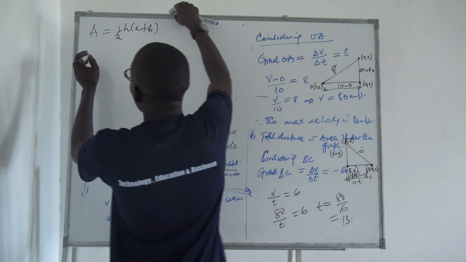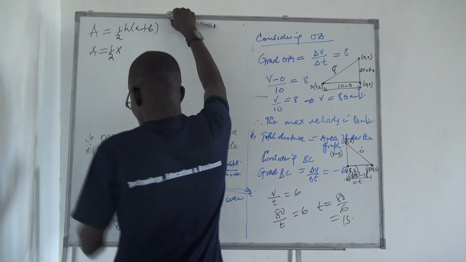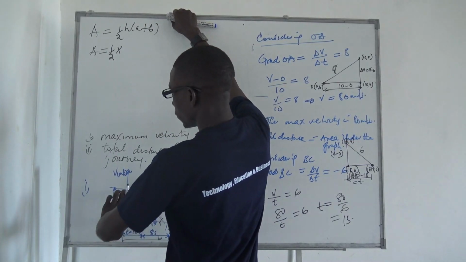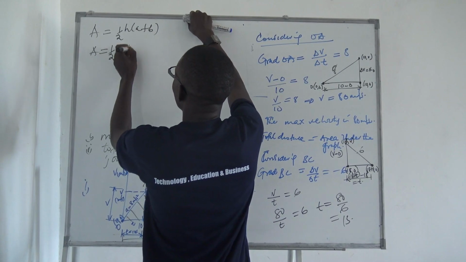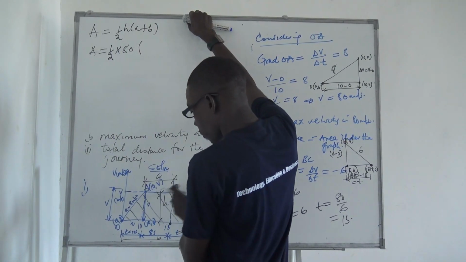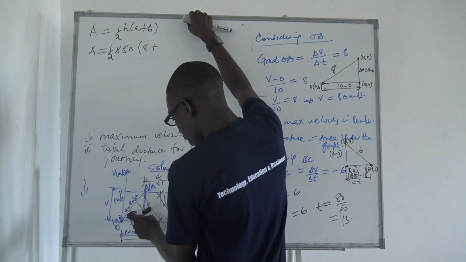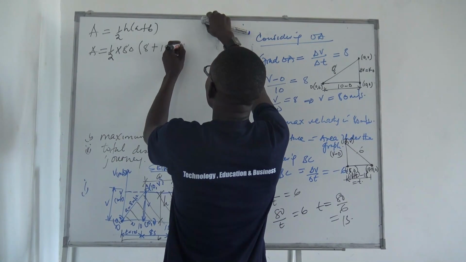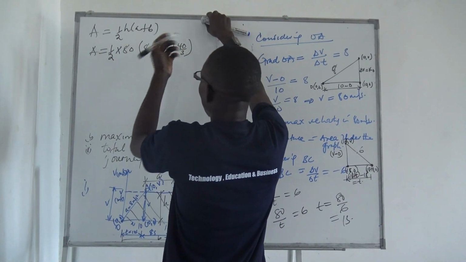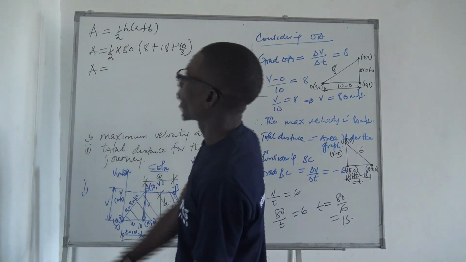So I can now say my area is a half times the height, which is the velocity, 80. A is the distance from here up to here, that is 8, plus the distance here plus here, that is 18 plus 40 out of 3, or 13.33. What is that area?